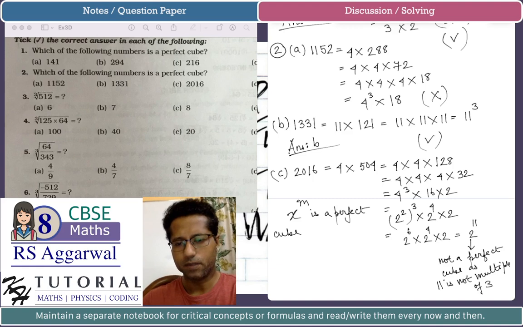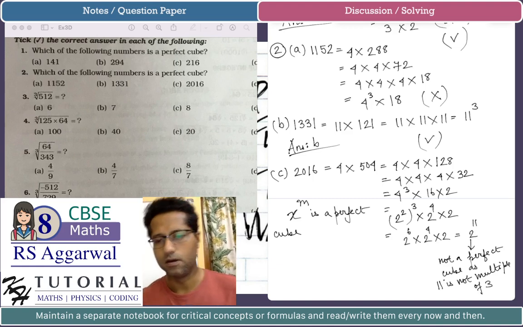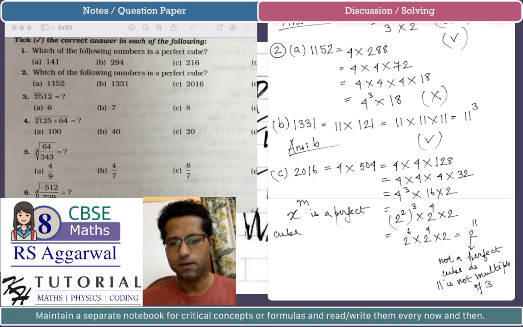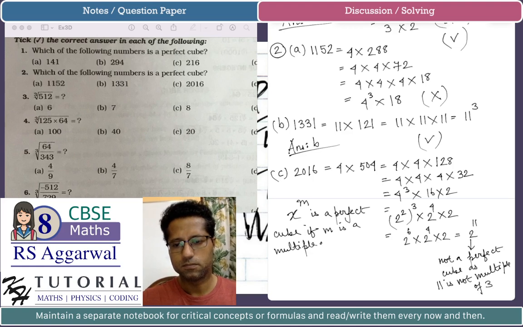So definitely in this x to the power m, we have to consider that x is a positive number. For positive x and m as some integer, x to the power m is a perfect cube if the power m is a multiple of 3.